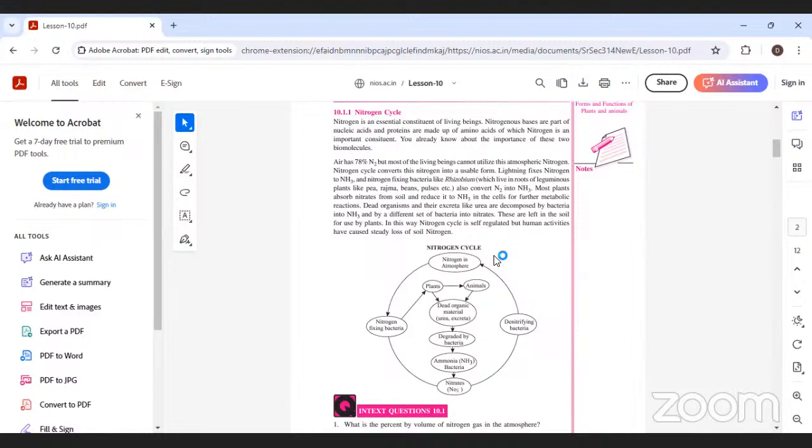The nitrogen of green plants, thus acquired from ammonia and nitrate in the soil or from nitrogen fixing bacteria, may be passed on to animals.